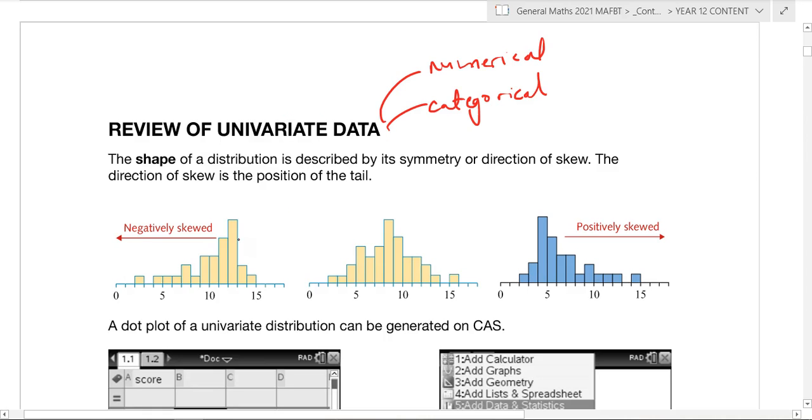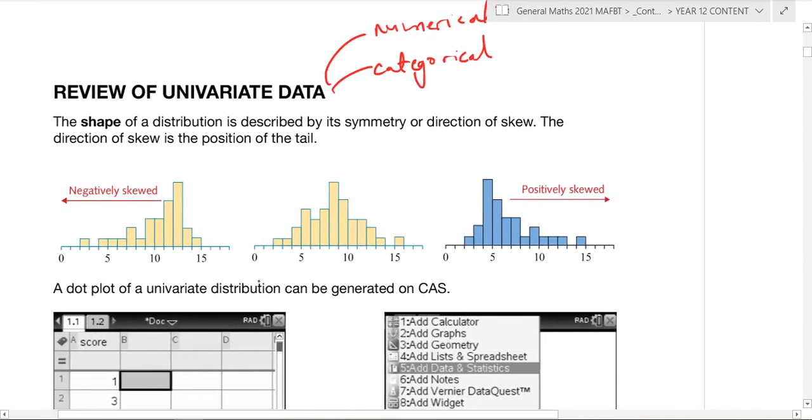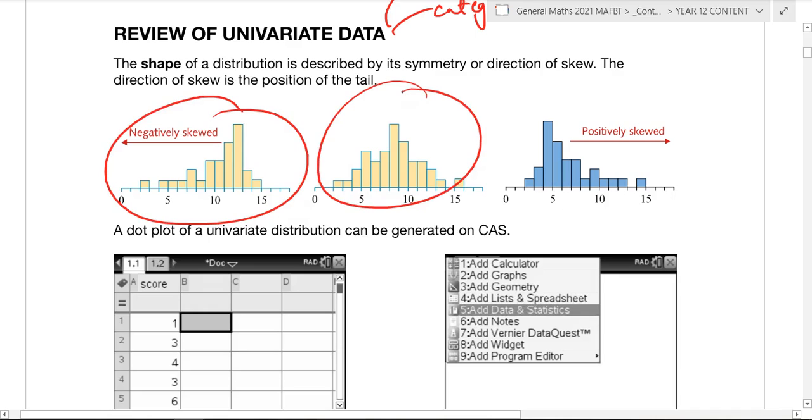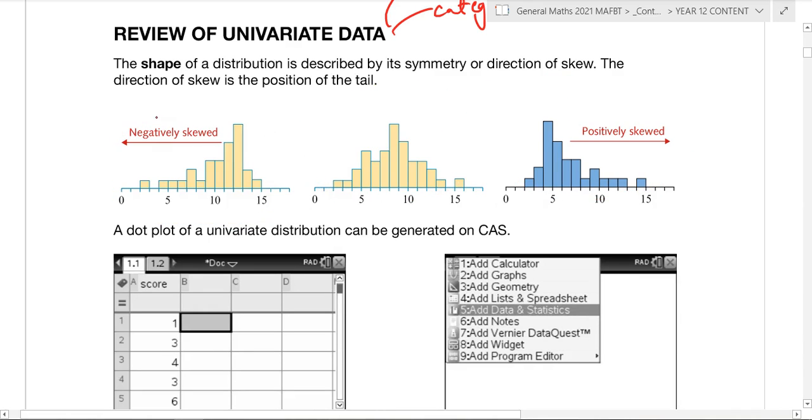We also looked at histograms, box plots, frequency tables, that kind of thing. But in this focus, we're going to be looking at mainly histograms and dot plots for now as a bit of a revision. These are histograms and they have certain shapes, which refer to the way that the data is being distributed.